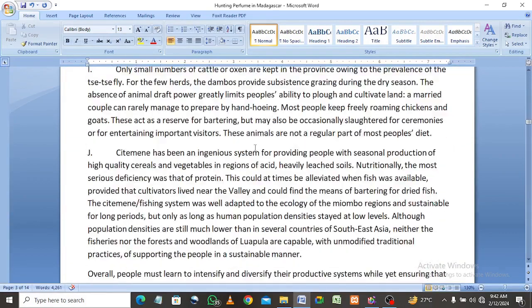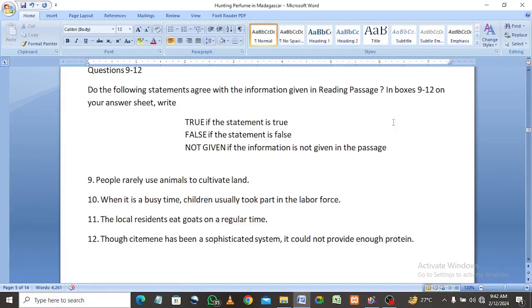Okay, so now let's go back to the question. The instruction says, true if the statement is true, false if the statement is false, not given if the information is not found in the passage. Now let's take a look at question 9 to 12.